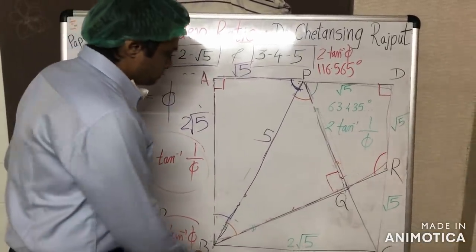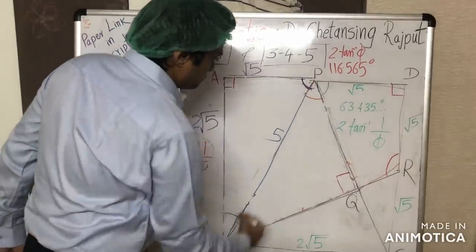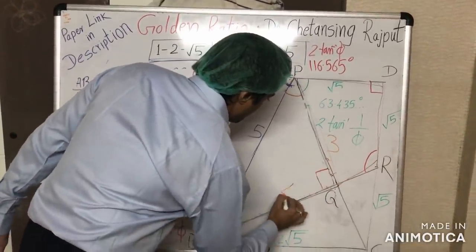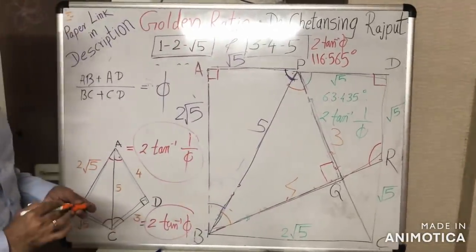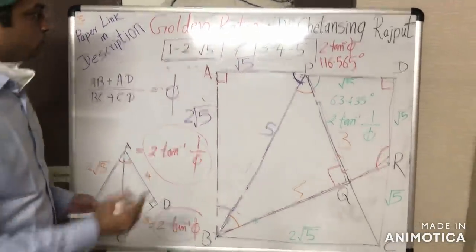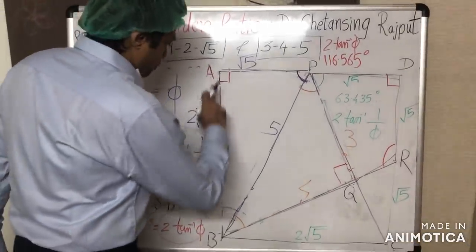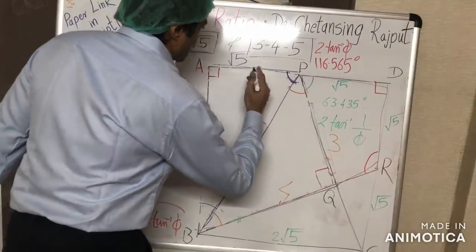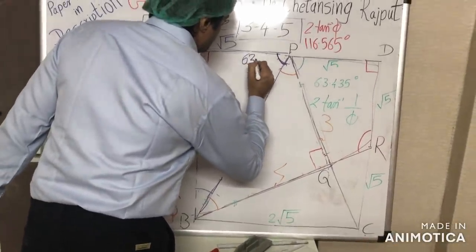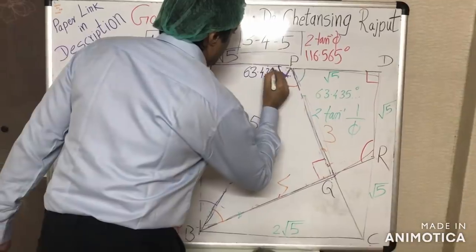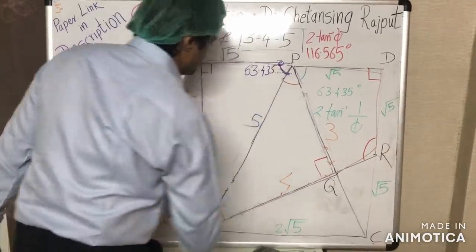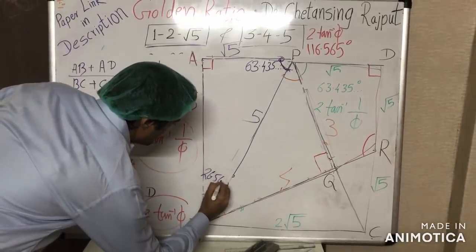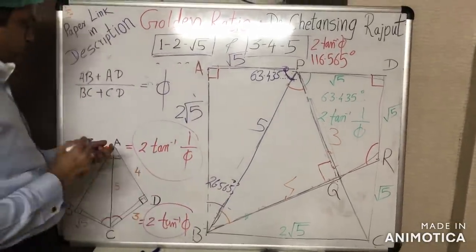And this triangle here, PBQ, is the 3, 4, 5 Pythagorean triple. Look at the angles of these triangles. In this 1, 2, root 5 triangle, the larger acute angle measures 63.435 and so on degrees, and the smaller acute angle 26.565 degrees.